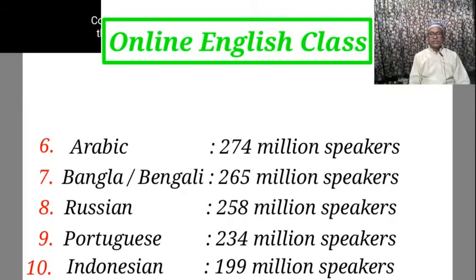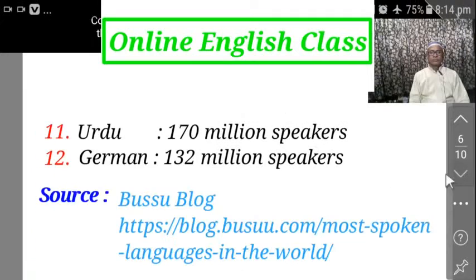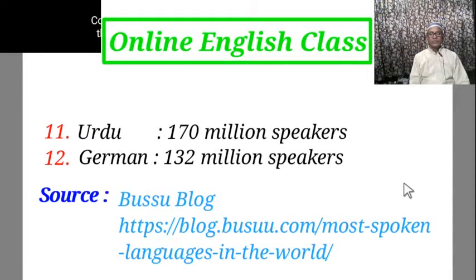Number 10, Indonesian, 199 million speakers. Number 11, Urdu, 170 million speakers. Number 12, German, 132 million speakers.